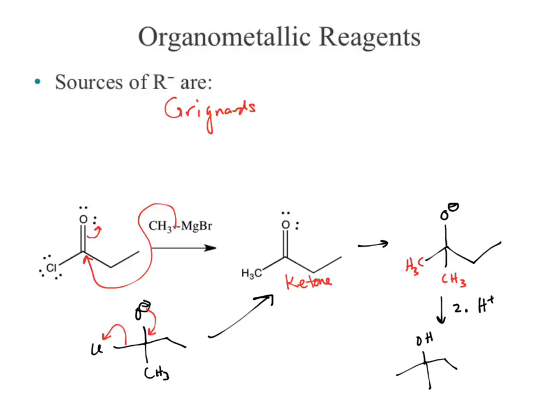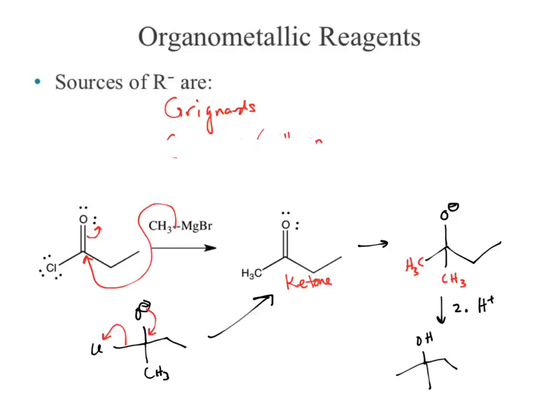There are 2 more that you are required to know. There's actually more than that, but 2 more big ones. Our copper lithium ones, also known as our Gilman reagent.